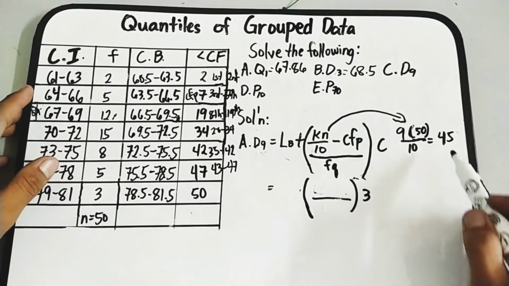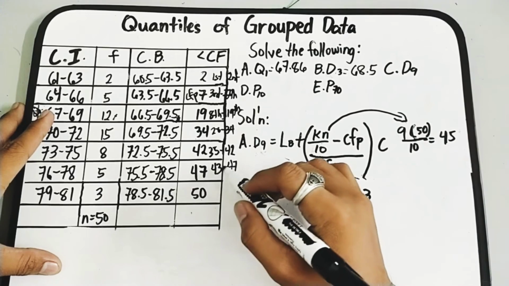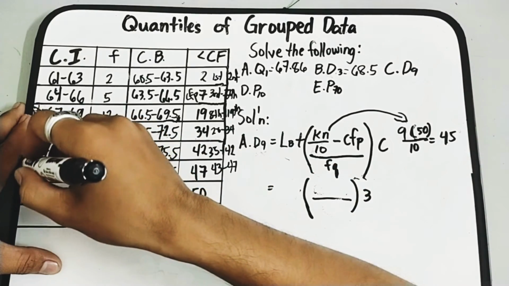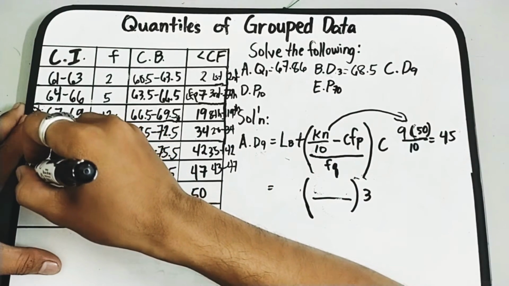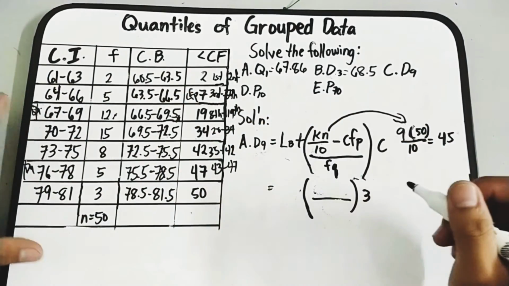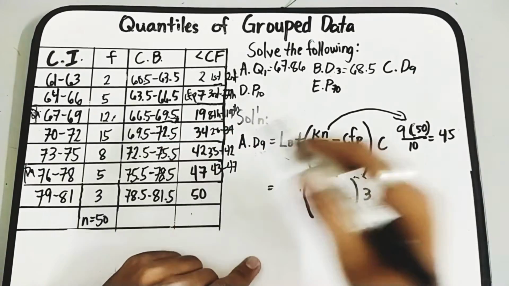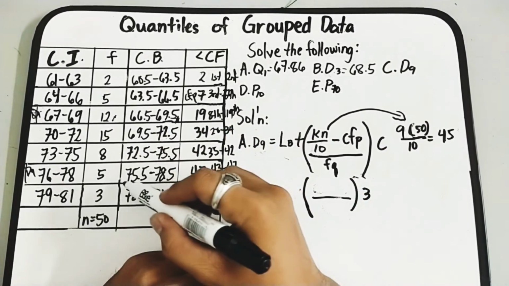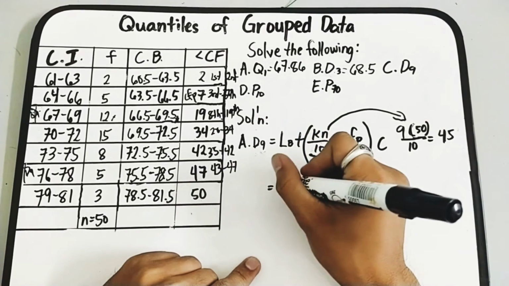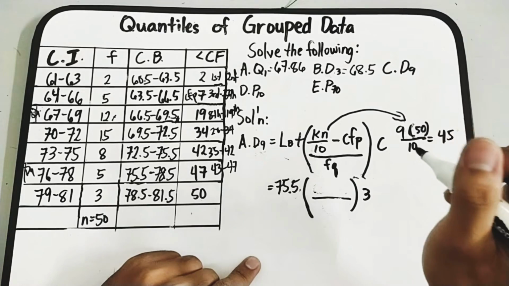So, ang kinuha lang natin yung is pang 45. Therefore, under dito yung pang 45. So, ibig sabihin, ito yung tinatawag natin na decile 9 class or decile class. Ito. So, since we can identify now kung alin yung kanyang lower boundary, which is ito na. Kung ito yung decile class, definitely 75.5 yung kanyang lower boundary.